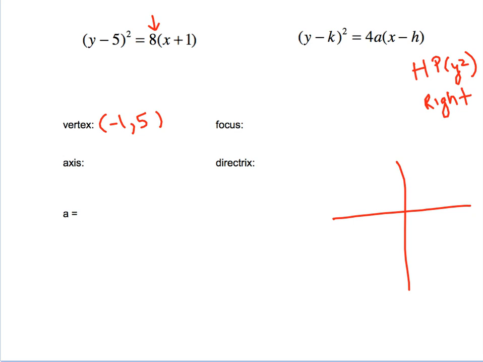To get the axis of symmetry, because this is a horizontal parabola facing to the right, -1, 5 up here somewhere, facing to the right, looks something like this. The axis of symmetry is this kind of line, which is a horizontal line, and it's y equals 5.